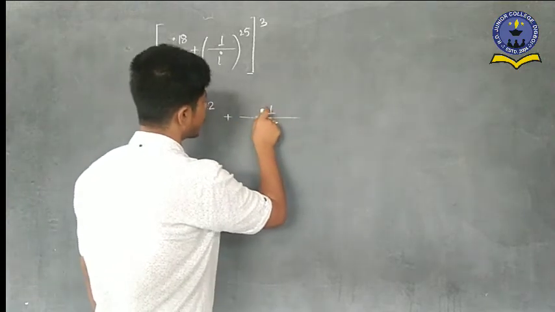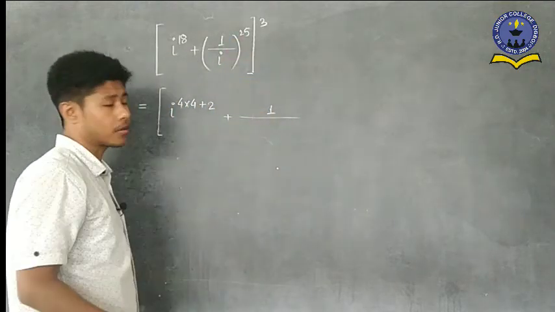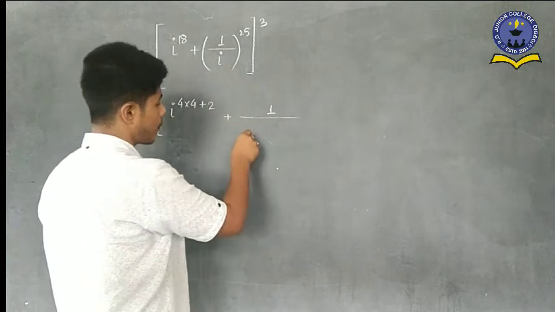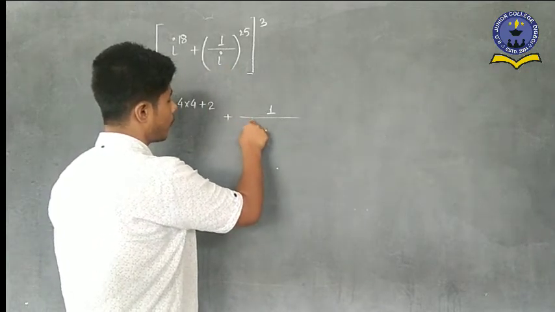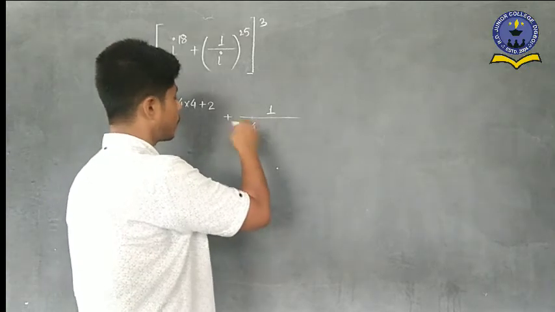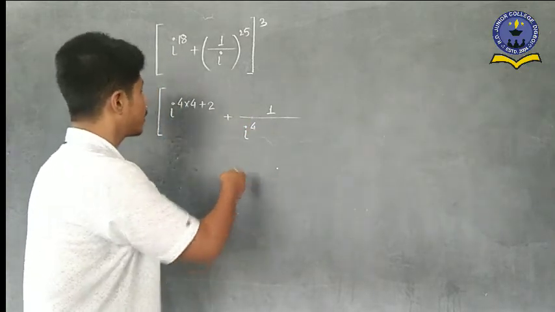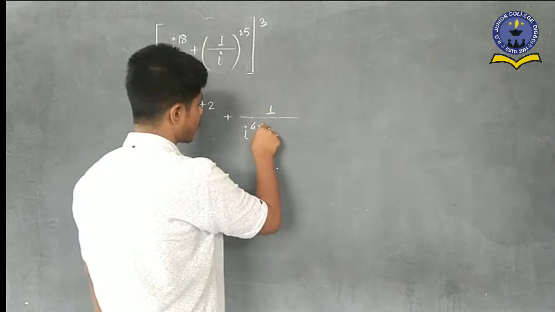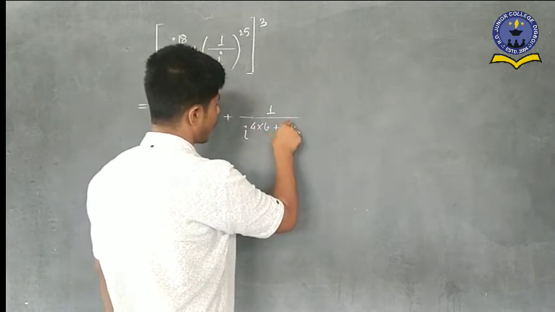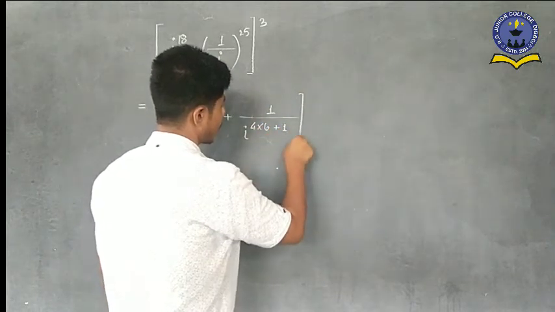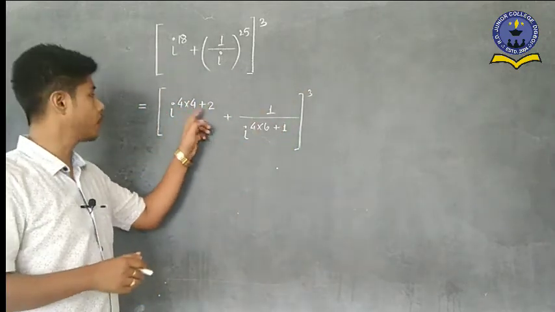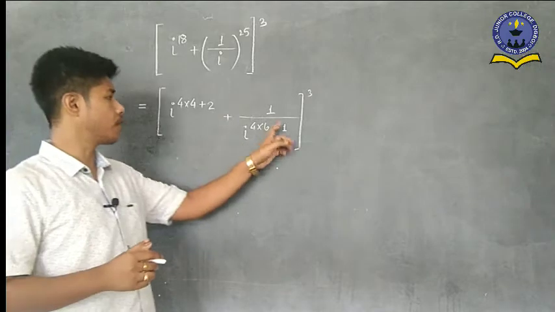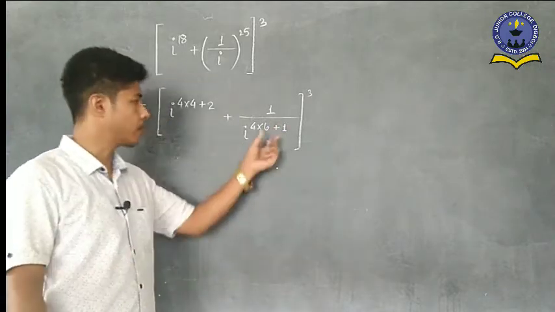In the second part, we have 1 by i to the power 25. Converting 25 into a multiple of 4, 4 sixes are 24, plus 1. Is it clear? So in this way we break the result: i to the power 4 into 4 plus 2 for 18, and i to the power 4 into 6 plus 1 for 25.